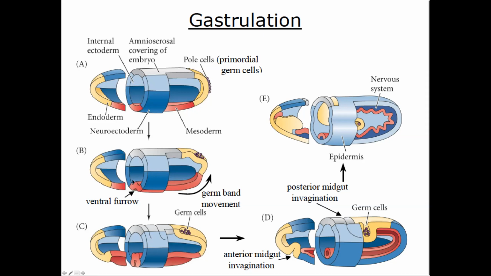So this is called the ventral furrow. And as they move inward, they segregate this group of cells from the rest. So this forms the mesoderm. And surrounding the mesoderm are the ectoderm cells, which will give rise to the neural ectoderm or the internal ectoderm.